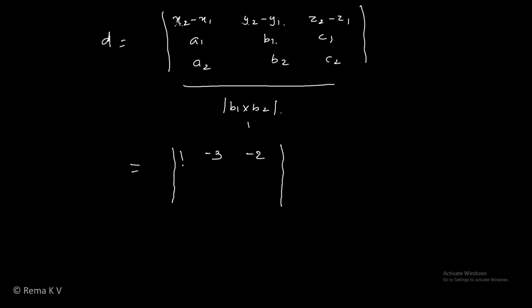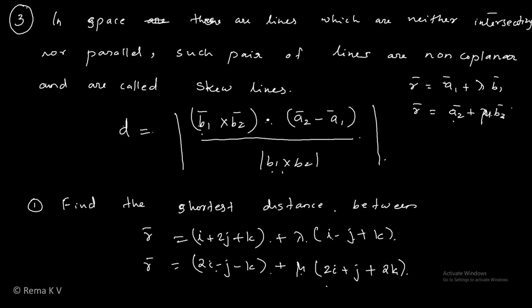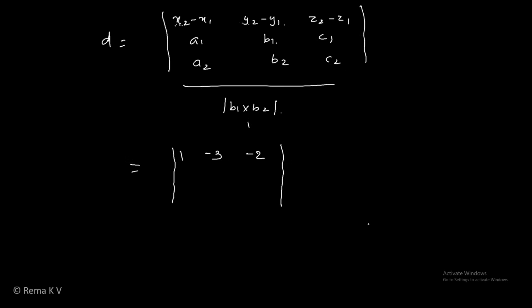Now, what are the values of a1, b1 and c1? Here you have to write the scalar components of this vector. a1, b1, c1 is 1, minus 1, 1.